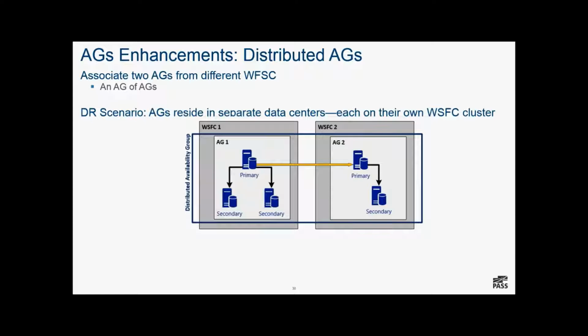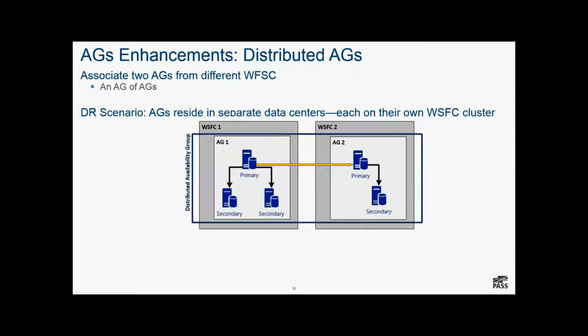If the servers in AG2 weren't in a distributed AG, each one of those would have to have a separate stream of data across the wire. This way it's more efficient. We only have to have one copy of the data streamed to the primary of the second availability group.